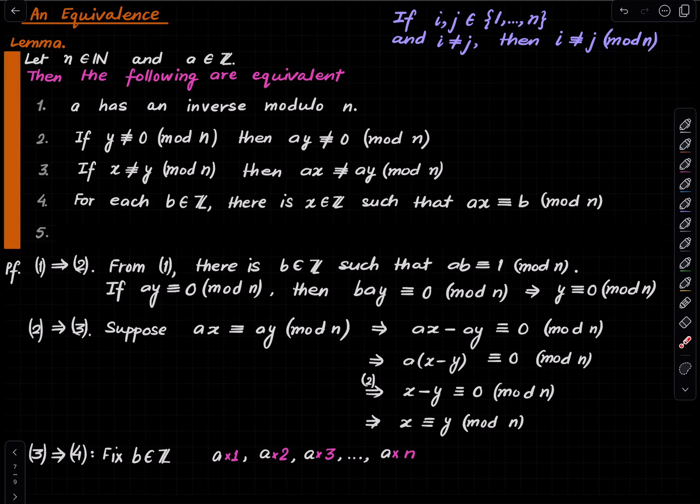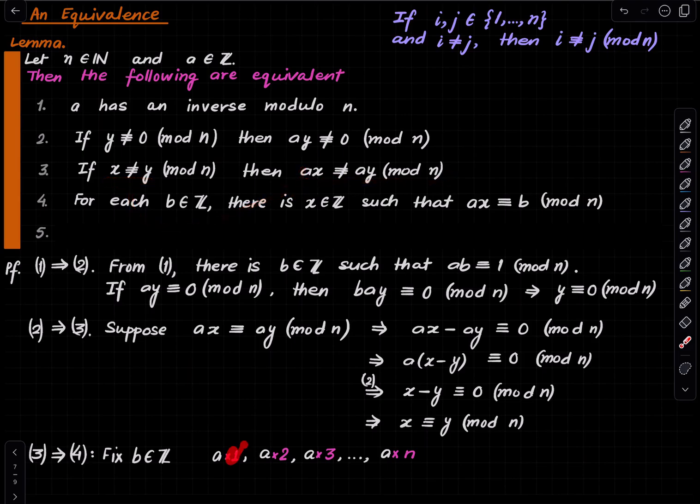So using that, we know that these are pairwise mutually incongruent. Now using 3, we know that therefore these numbers, the numbers that have been written, they are also pairwise mutually incongruent. That is exactly what 3 says. 3 says that if you have two numbers which are incongruent modulo n, then if you scale them by a, you retain the incongruence.